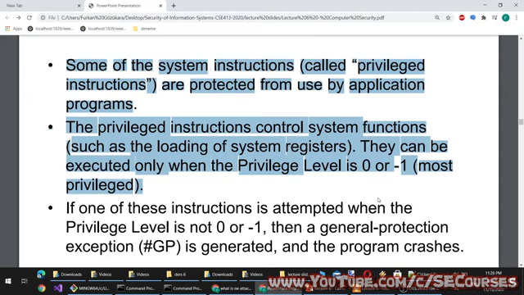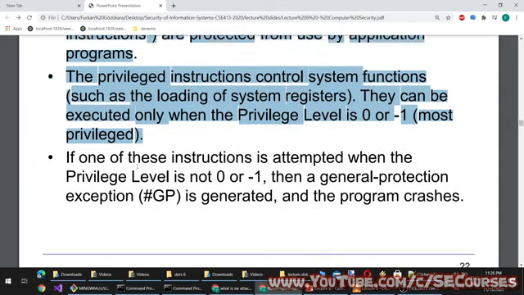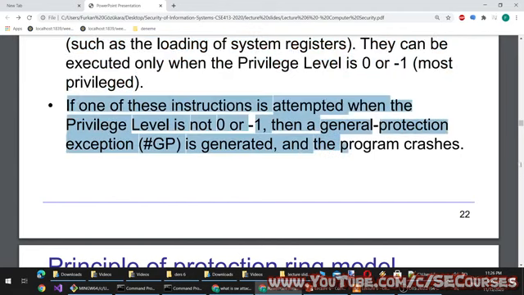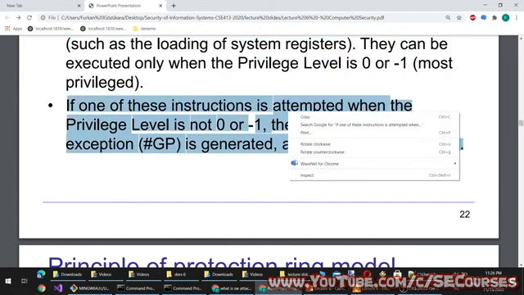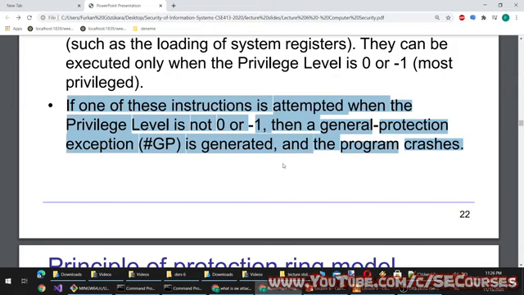They can be executed only when the privilege level is 0 or -1, most privileged. If one of these instructions is attempted when the privilege level is not 0 or -1, then a general protection exception, #GP, is generated, and the program crashes.